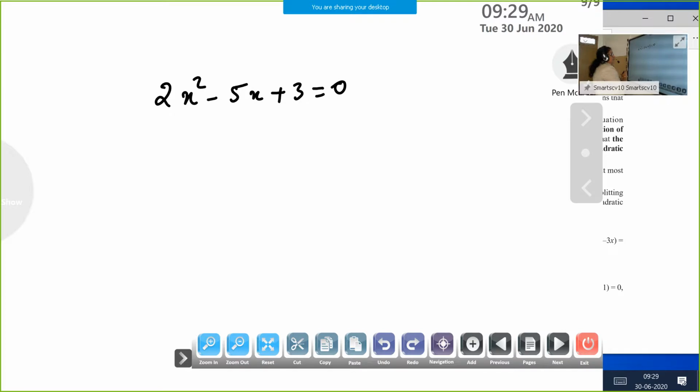Using the splitting method, finding the root means finding the zeros of the polynomial. We already studied how to find the zeros of a polynomial. Here also the roots are for 2x² − 5x + 3 = 0.